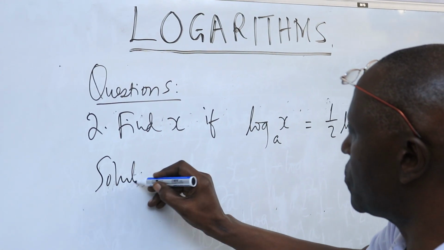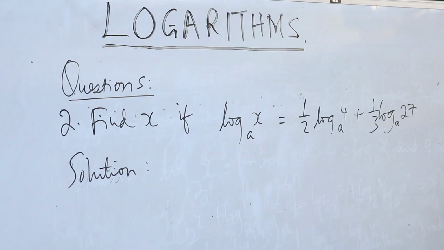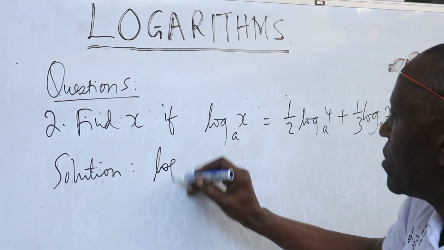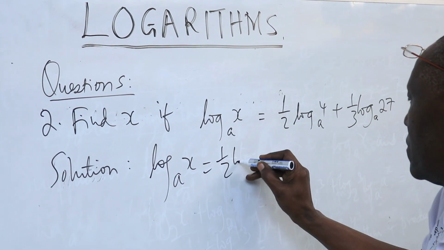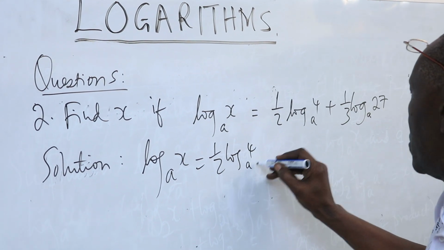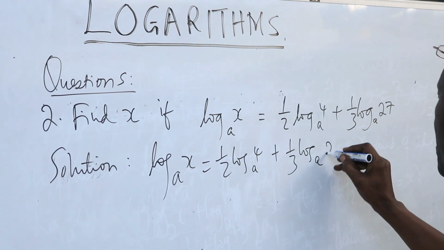The solution goes as follows. Log x equals a half log 4 plus 1/3 log 27.